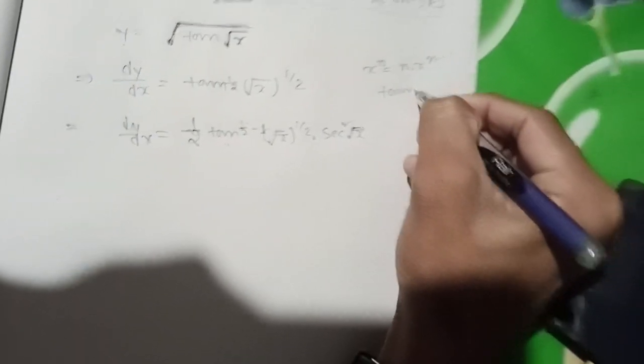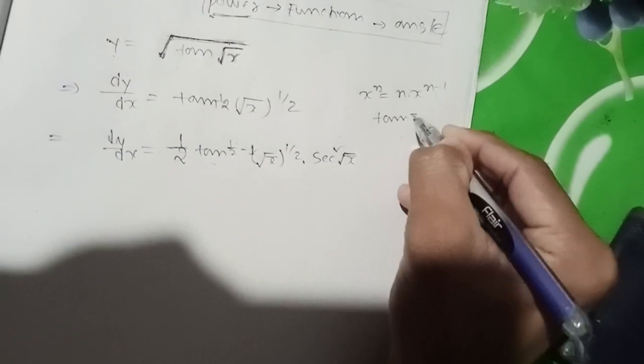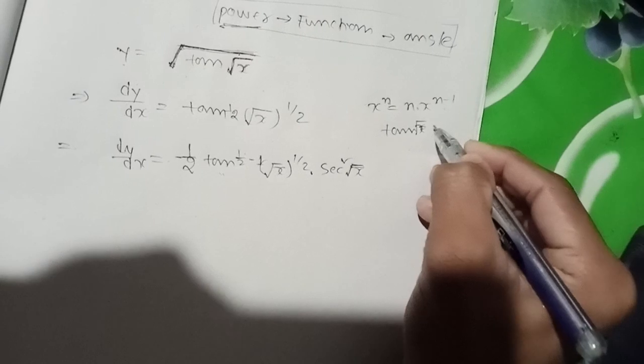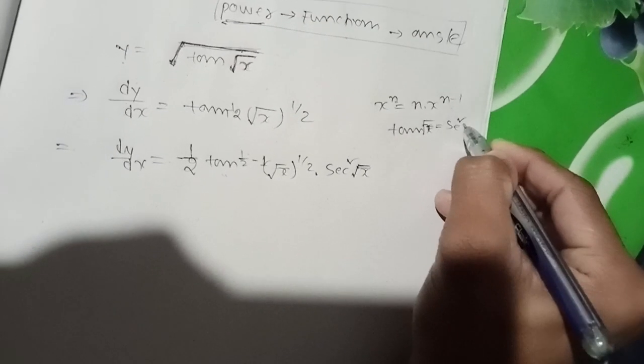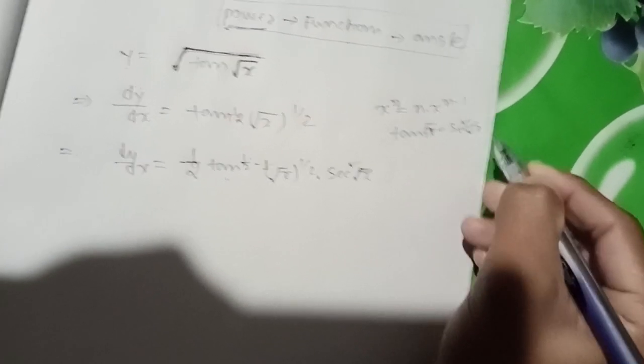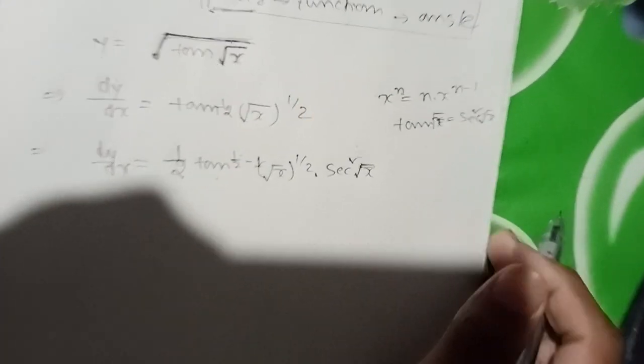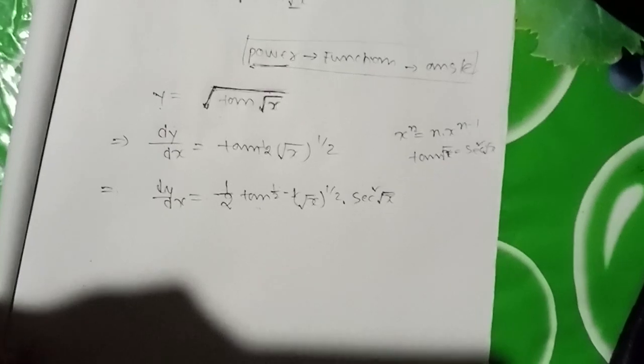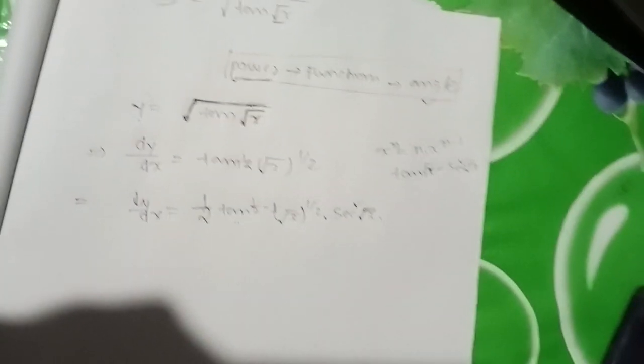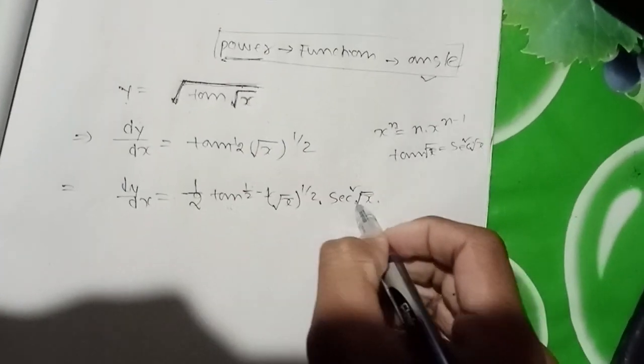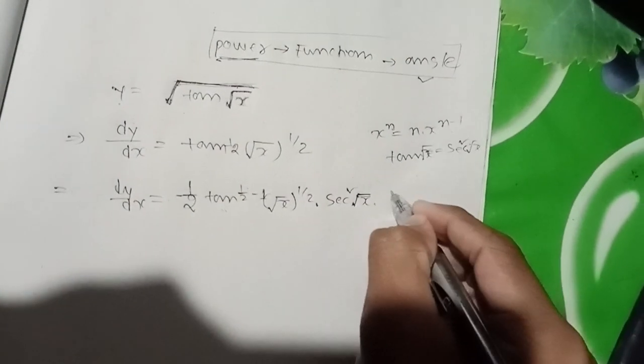The derivative of tan is what? The derivative of tan is equal to sec square x. You need to remember. And then the angle is what? Under root over x.